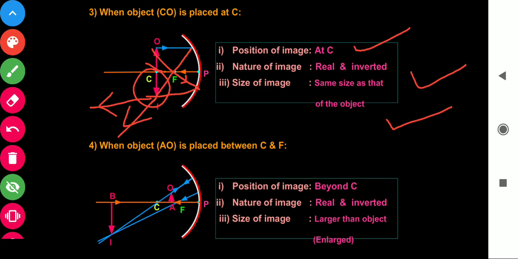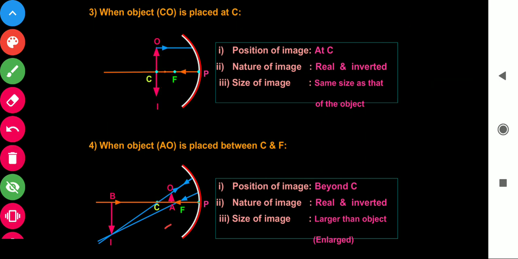Now the next one. Again we have shifted it a little ahead. It means the object is between C and F. In this case, you can see the object is between C and F. One ray goes parallel. The parallel ray goes out through the focus. This blue line is okay.